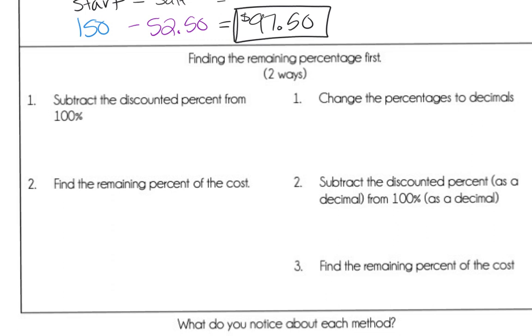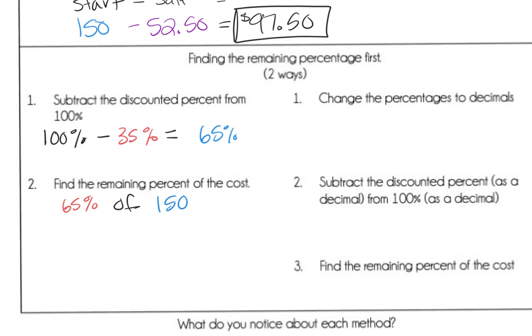So the first way to think about it is if I have the starting cost, that is 100% of the cost. And I'm taking away 35% of the cost, which means that I'm left with 65% of the cost to pay. So we can find 65% of the cost, which was $150. There's that way to do it.